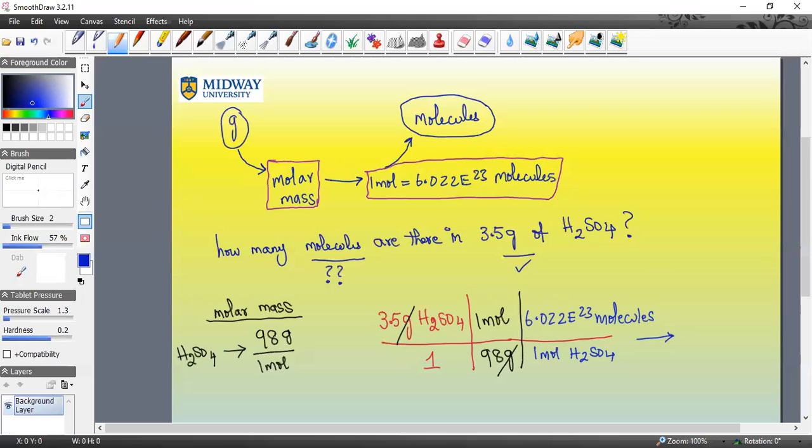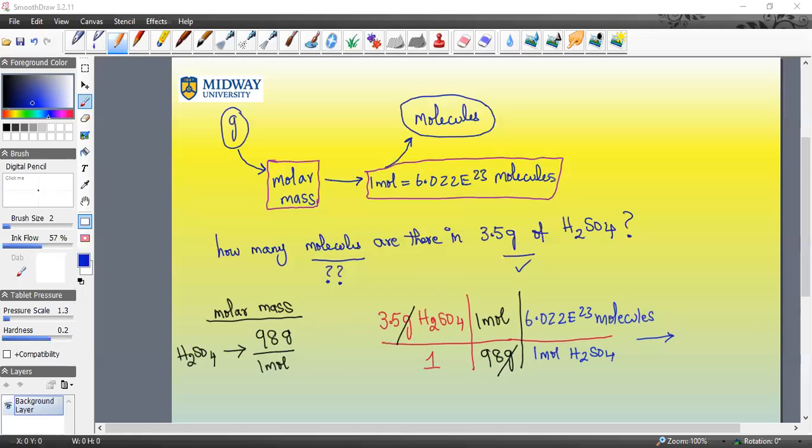So it'll be 3.5 divided by 98, and then multiplied by 6.022 e to the 23. What does that give us?